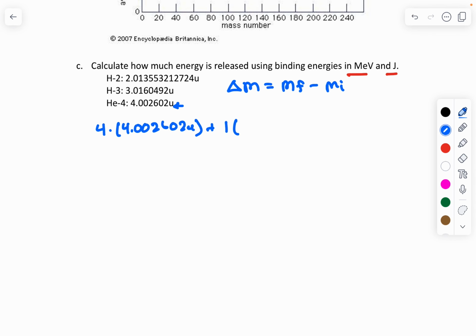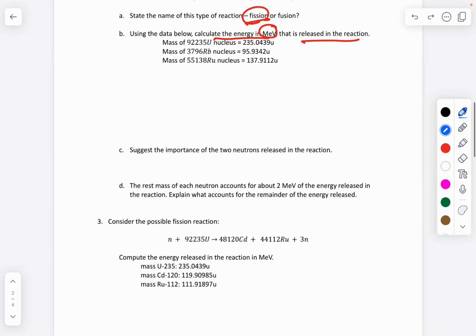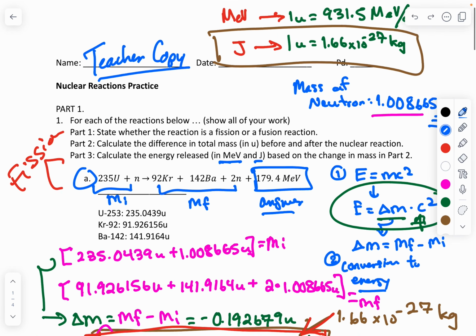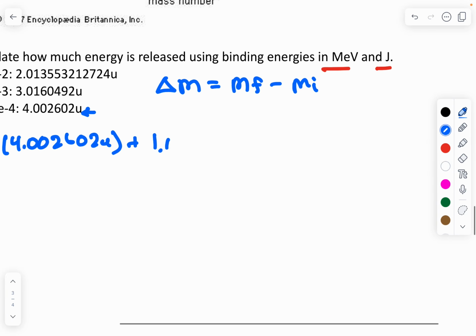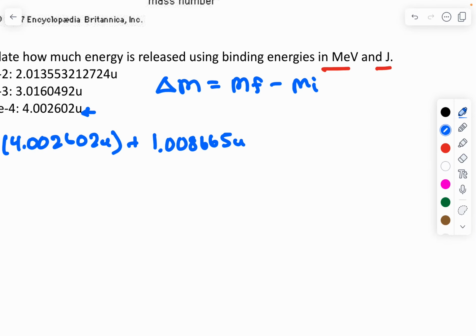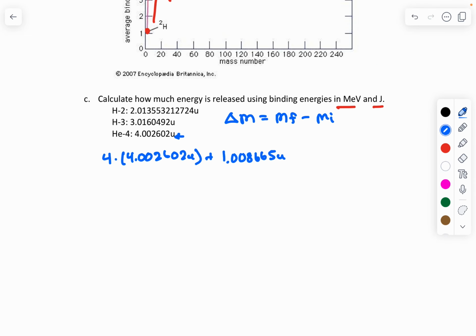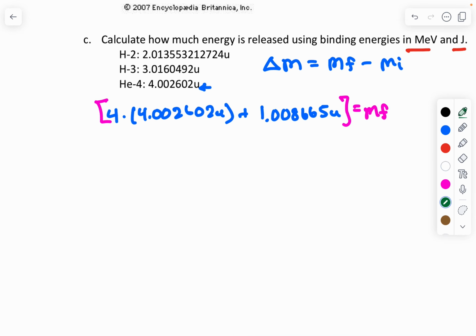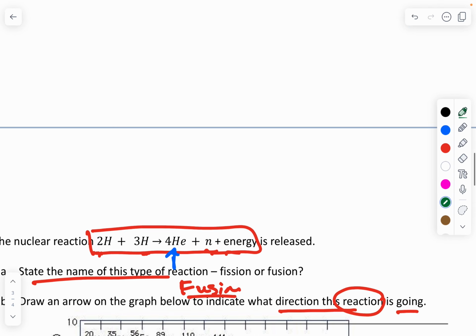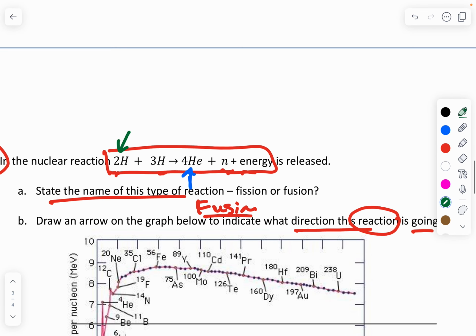I'm just going to write the number here: 1.008 U. Right now I'm doing MF. Next one, let's do it in green. So I have 2, and 3.